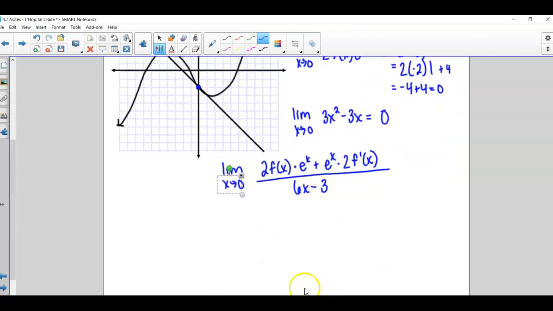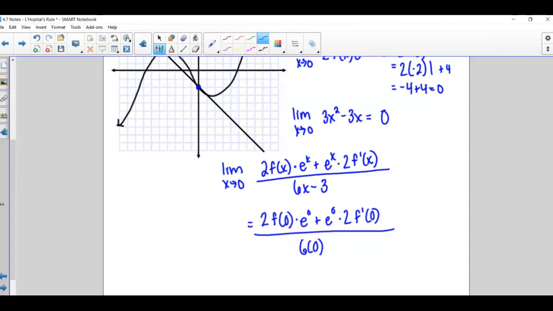So at this point, we're plugging in 0 for all of these. So we've got 2f of 0 times e to the 0 plus e to the 0 times 2f prime of 0 all over 6 times 0 minus 3.